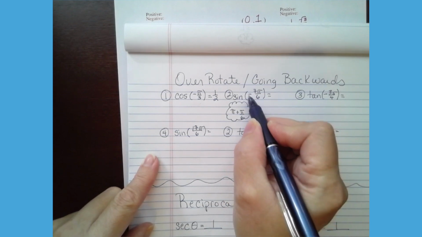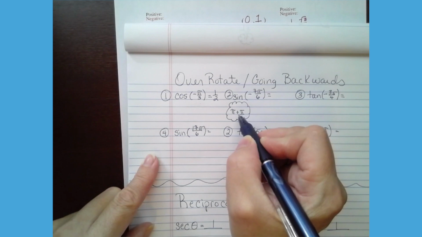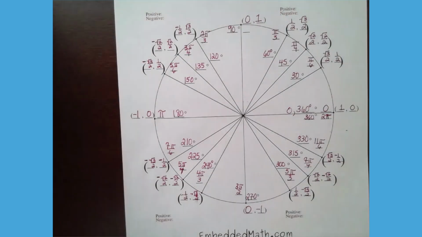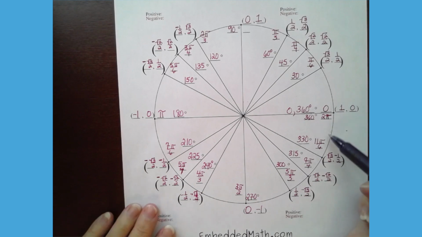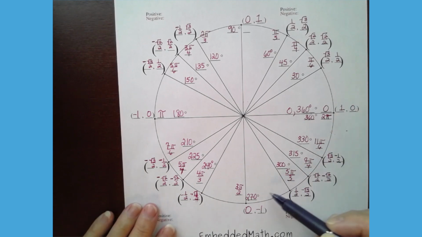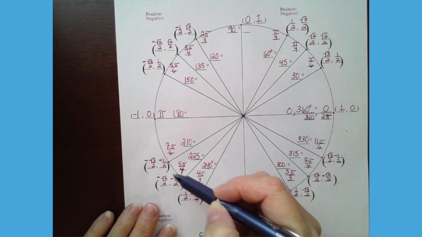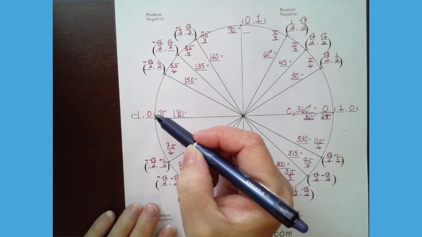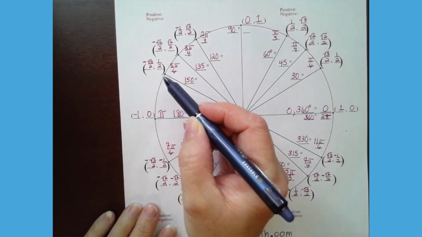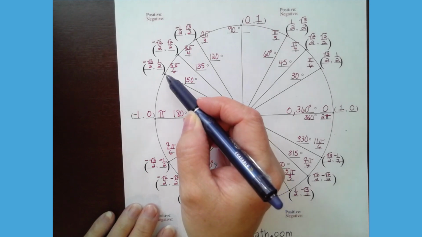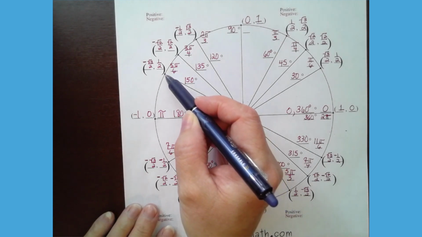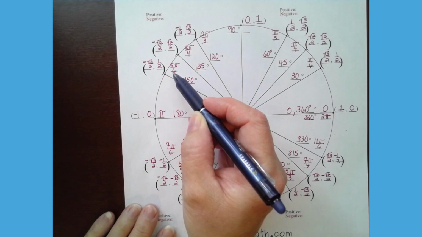But I'm going backwards. So I have to travel this much and see where I land. Here I go, start at 0. Here we go, I've hit pi. Now I go one more pi 6, and there I land. Oh my goodness, look, I landed on a pi 6.